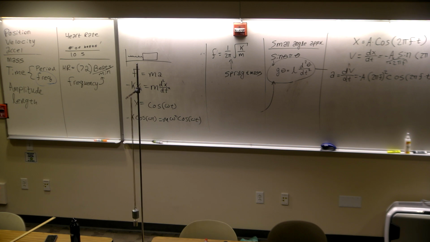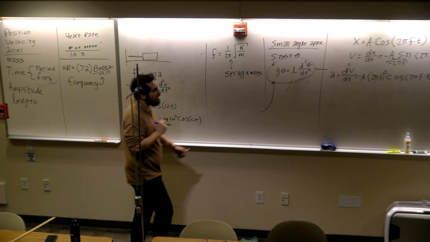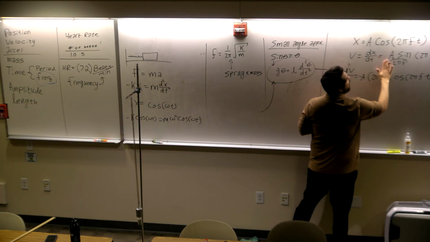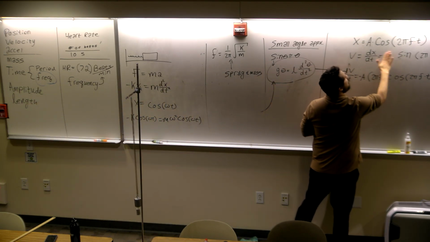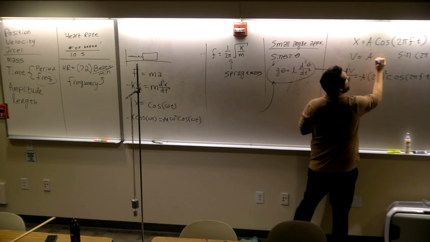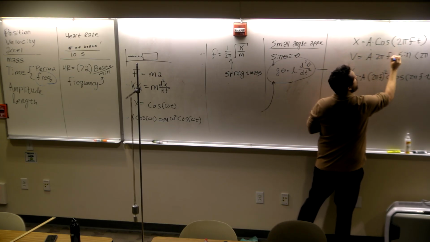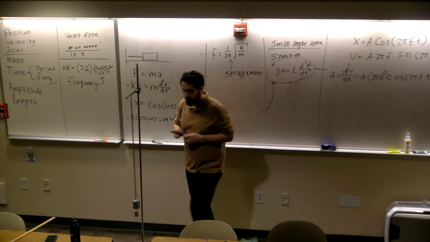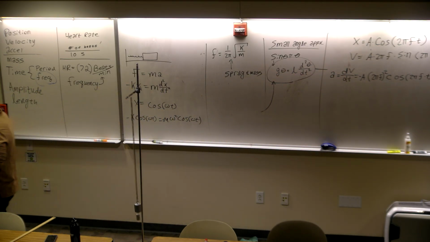So we have here the position, the velocity, the acceleration, found by just taking derivatives. And I'll clean up this second line because that is going to bother me. So we have our position, our velocity, and our acceleration.